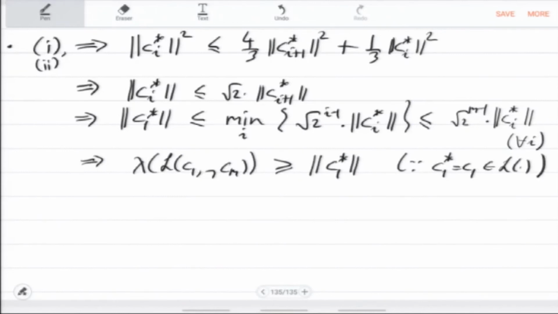And C1 star is less than or equal to 2 raised to m minus 1 by 2 times the shortest vector.